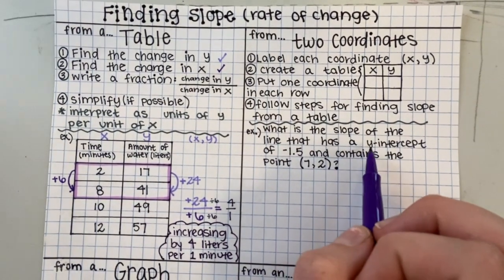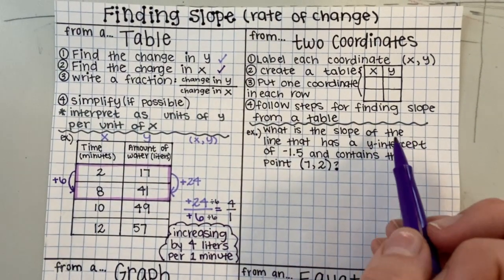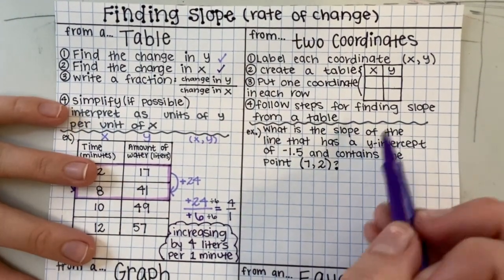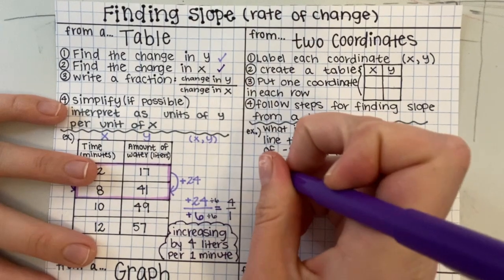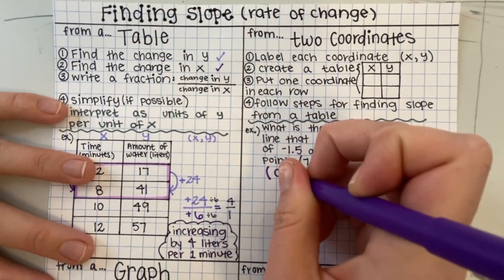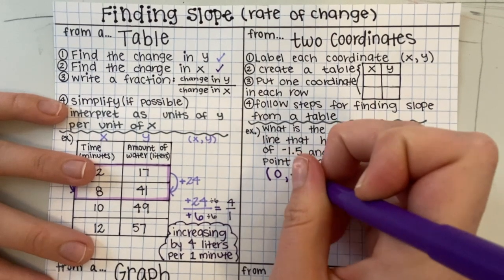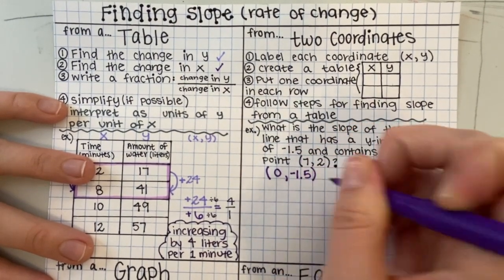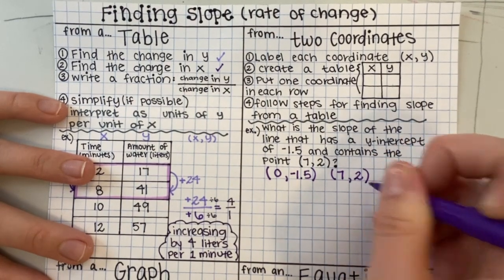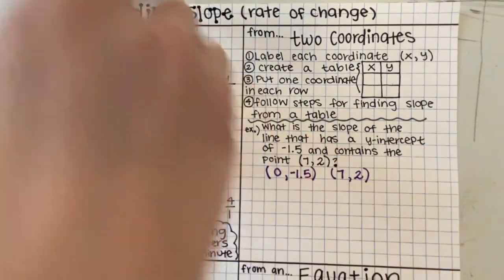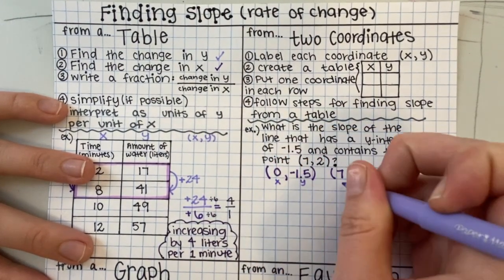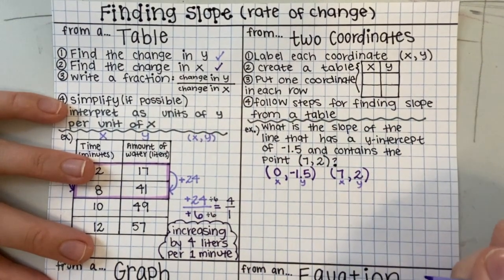But I know the y-intercept has an x value of 0 because it's on the y-axis. So my 2 coordinates in this scenario, we have an x of 0 because it's a y-intercept. And then we have this other point. And we're going to label these x, y, x, y.